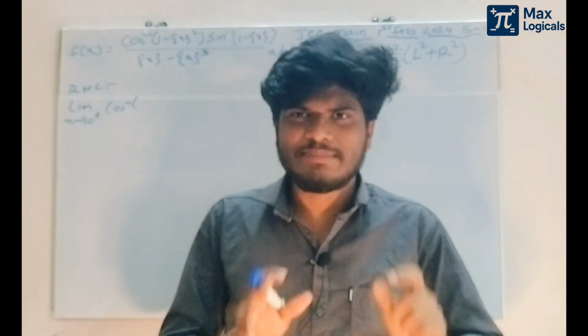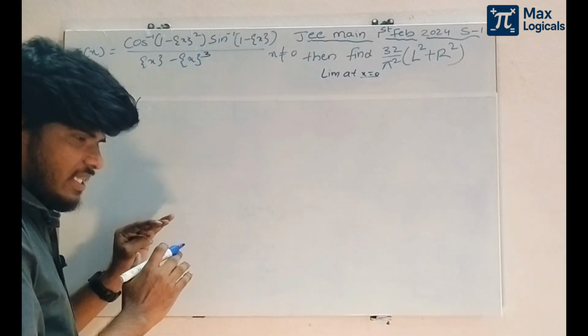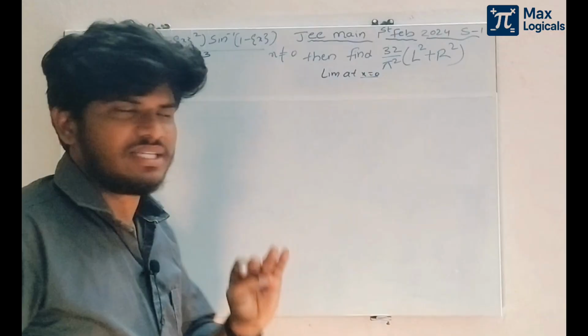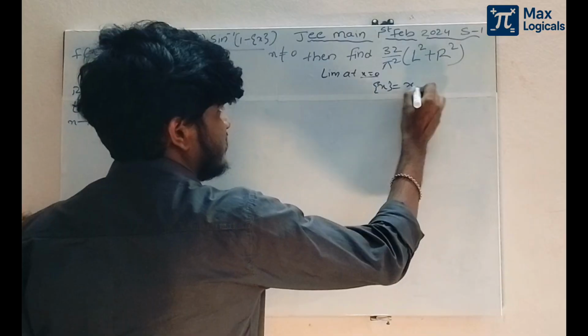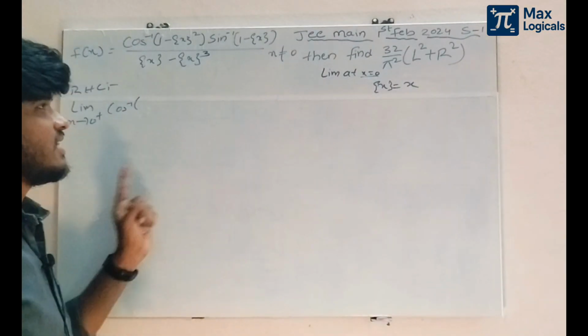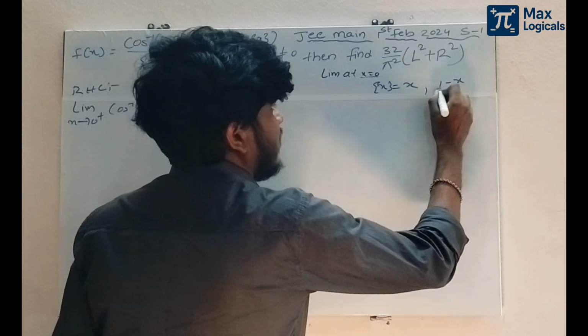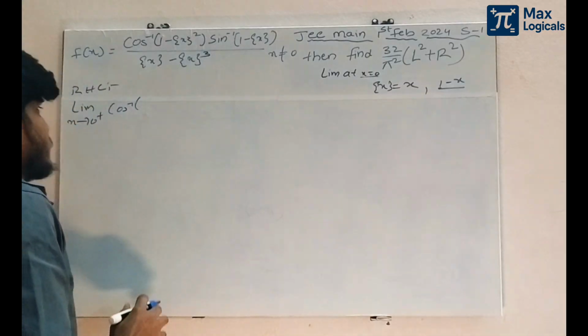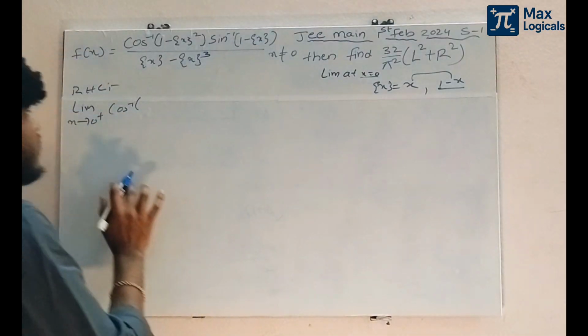I told one simple thing: when we are finding the right hand limit, the fractional part of x is x. When finding the left hand limit, the fractional part of x is 1 minus x. Keep these two things in your mind.